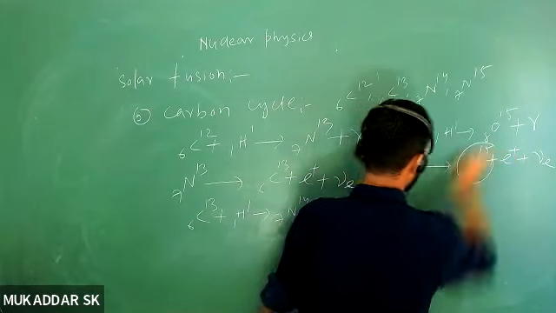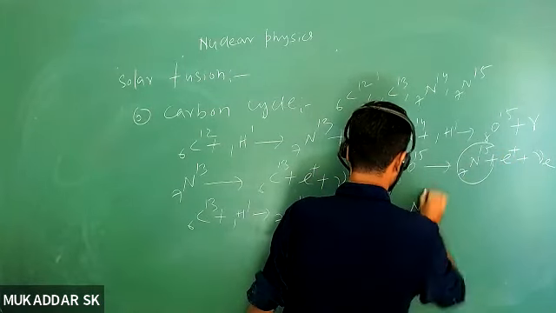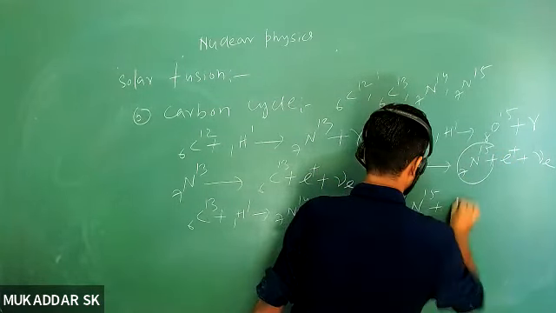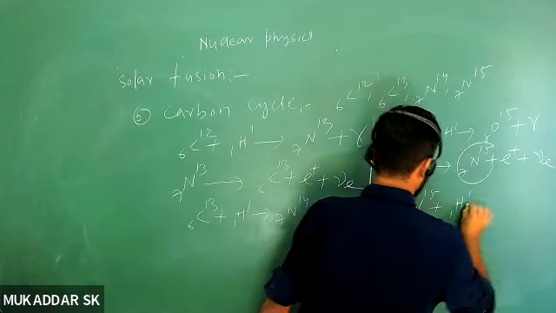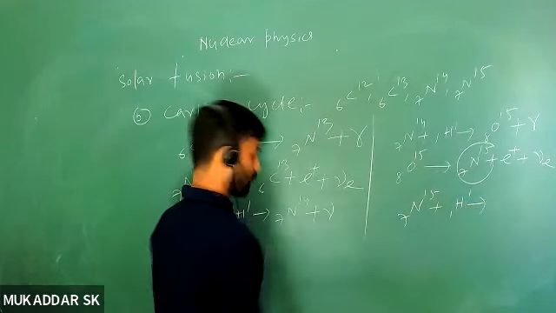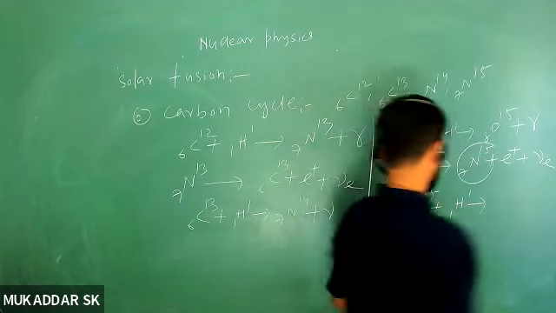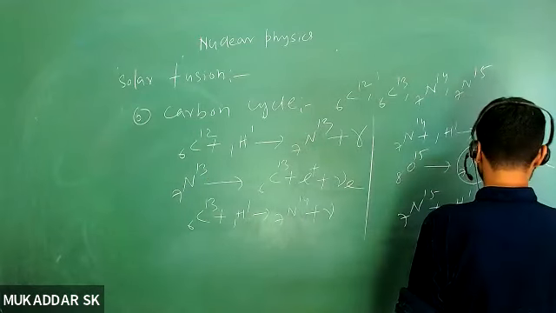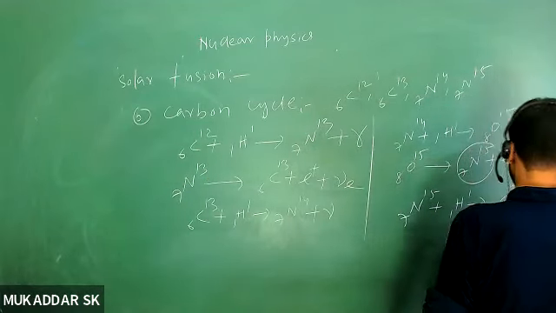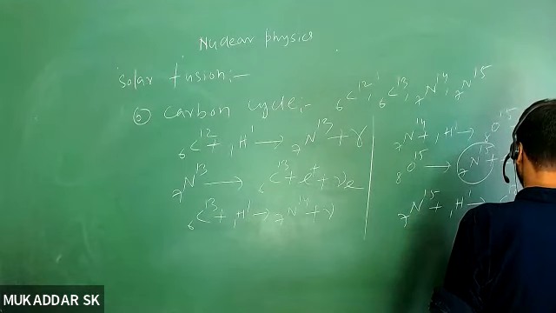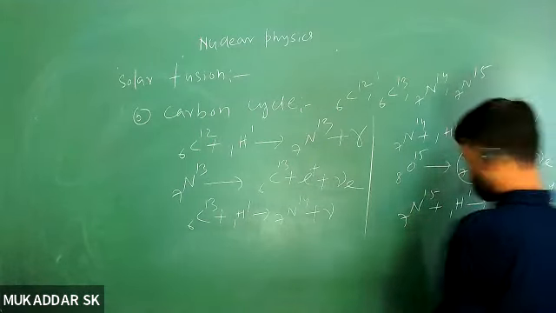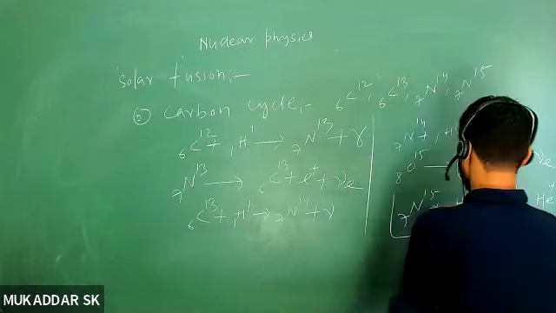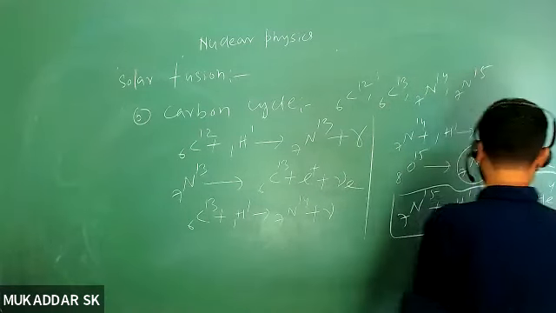Now this nitrogen 7, 15 will combine with one hydrogen and it will give carbon 6, 12 plus helium 2, 4. So this is all about your carbon cycle.